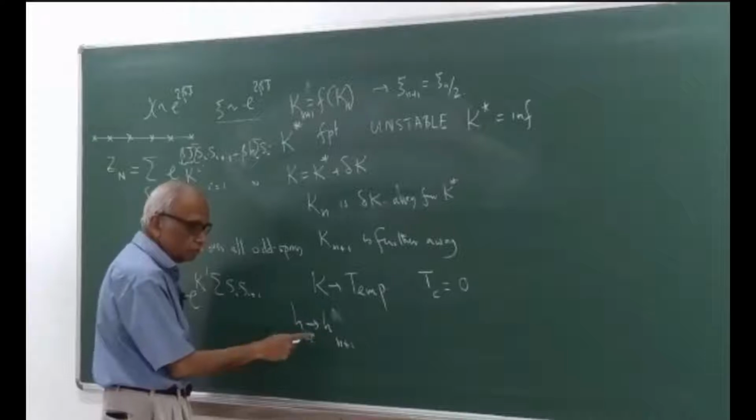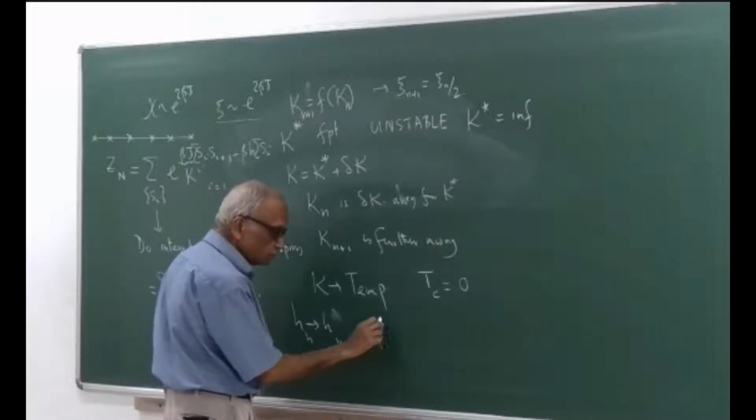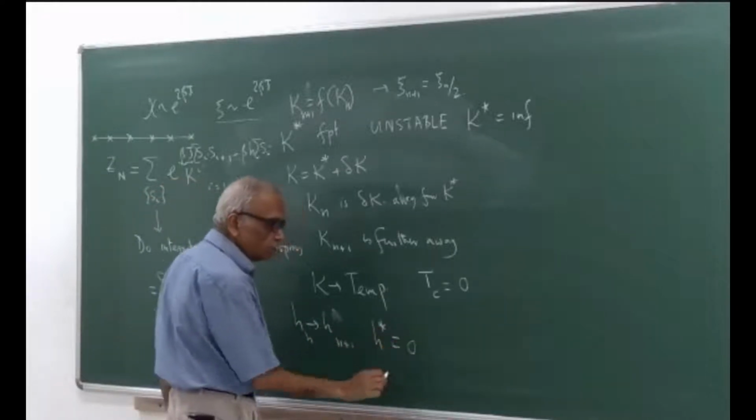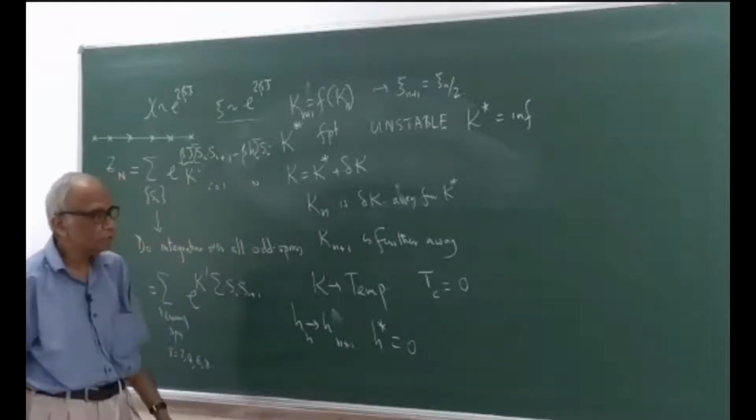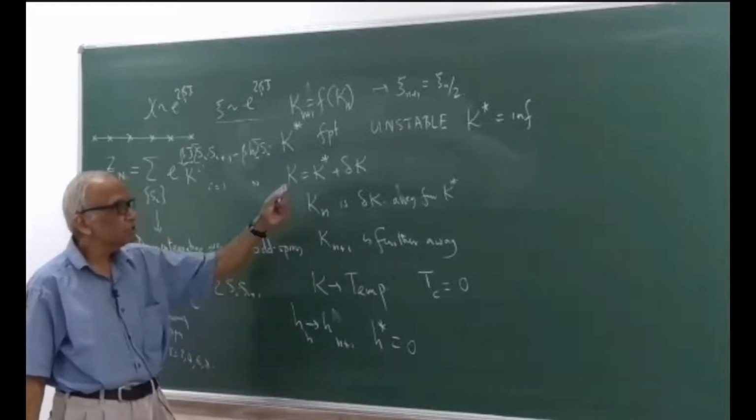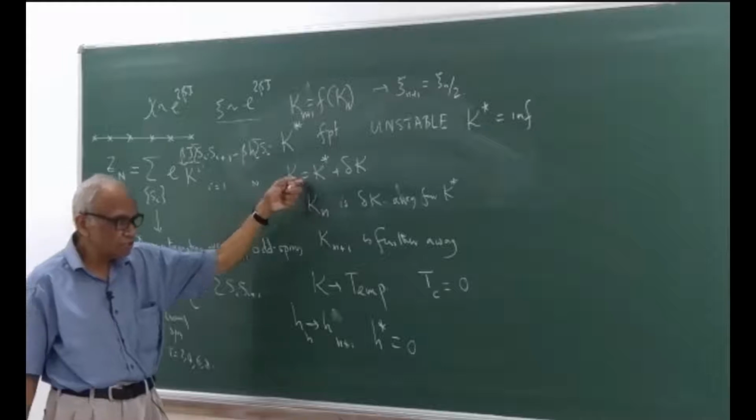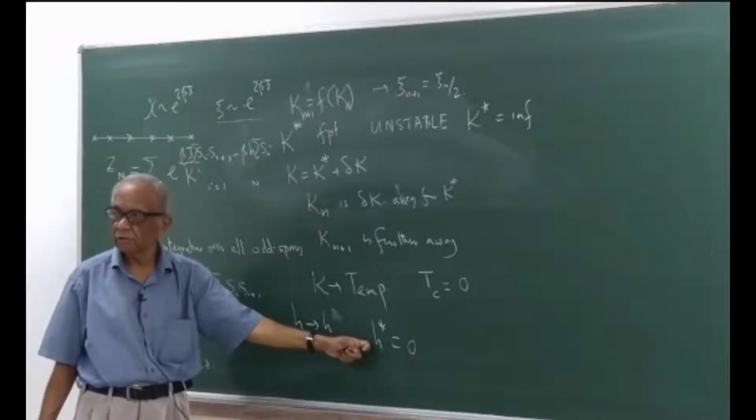And the point would be that the fixed point would be K star equal to infinity and H star equal to 0.